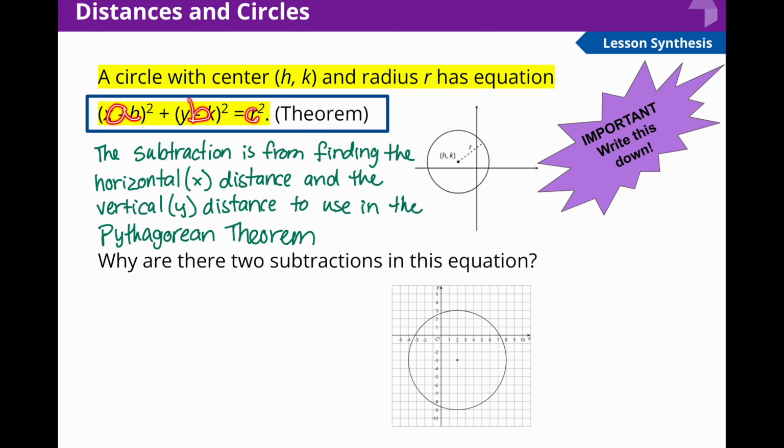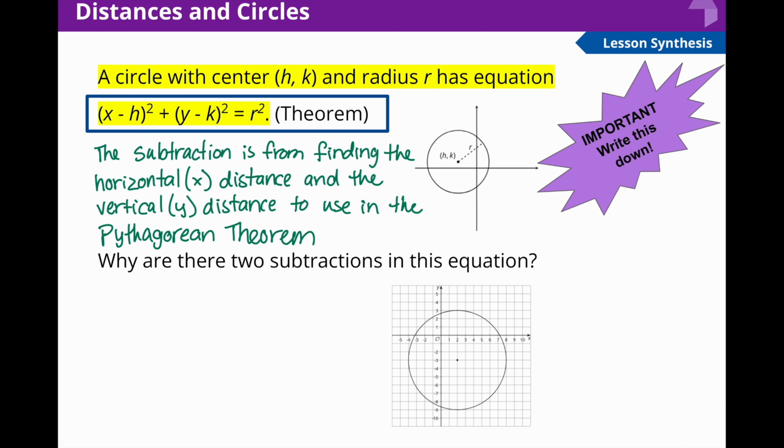We want a and b to be the vertical and horizontal distance, but because the center of this circle can be anywhere, and the point we could be testing could also be anywhere, we have to actually do that subtraction to find those numbers. So that's where that subtraction is coming from. And the order of that subtraction technically doesn't matter, but it is best used this way because we do need to square it.